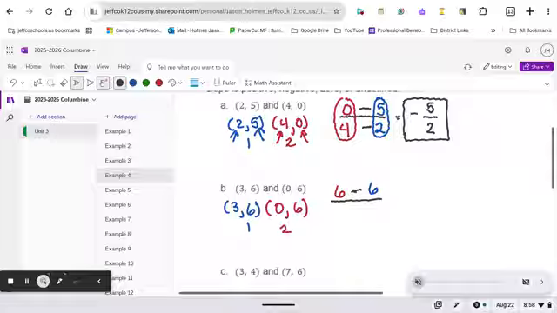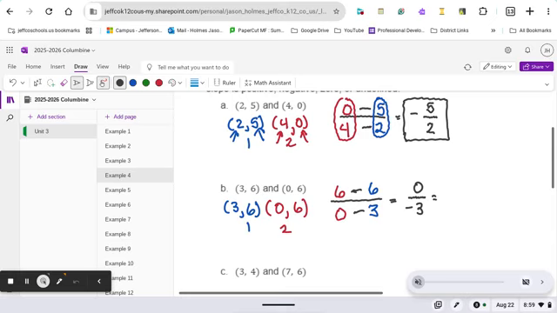Divided by the x value for the second point, which is 0, minus 3. That's going to equal, well, 6 minus 6 is 0, and 0 minus 3 is negative 3. But 0 divided by anything is just going to be 0.